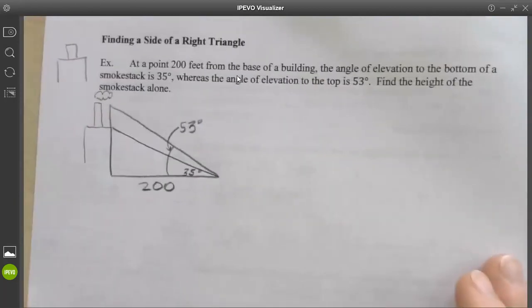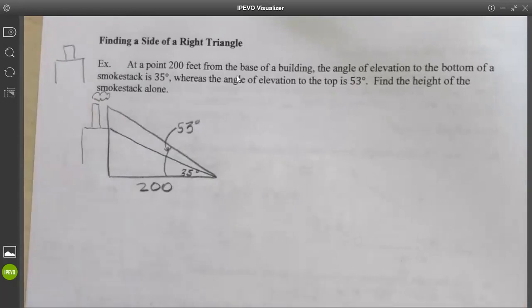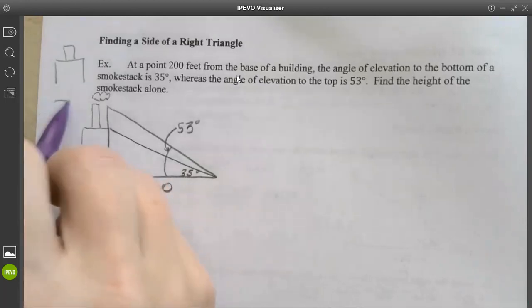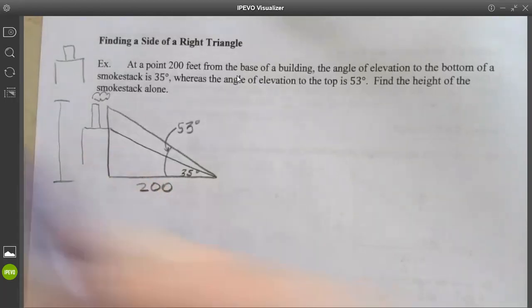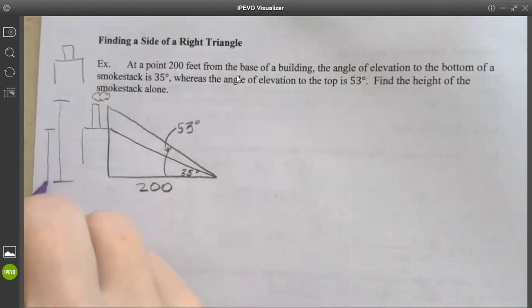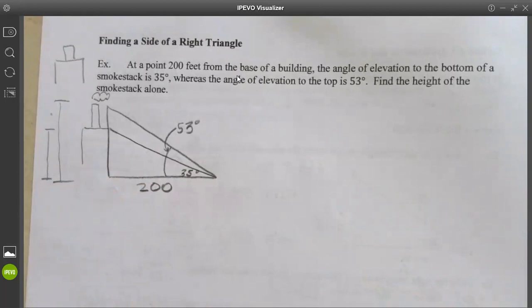Now, how would I do that? Just for this little bitty height right here, what do I have to find first? The height of the whole thing, and the height of the building, and then what do I do to those two numbers? Subtract them, perfect. So the full height, from here to here, then find this height, and then we can find the difference in those two heights, and that will give us just the smokestack.